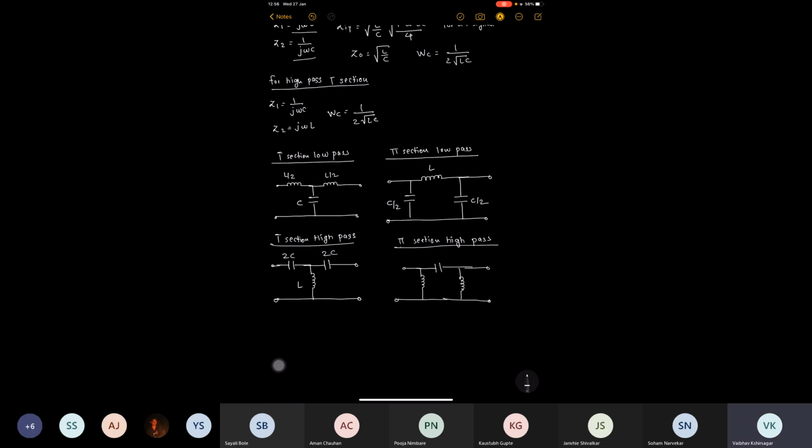Okay, so the value of this capacitor is C, and the value of these inductors is 2L. Okay, so T section low pass, T section high pass, pi section low pass, and pi section high pass. These are the possible configurations available for designing constant K type filter sections.